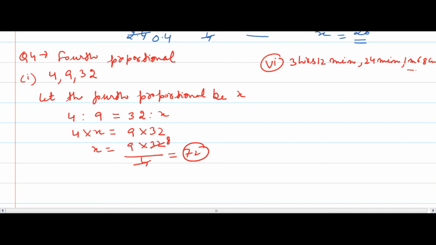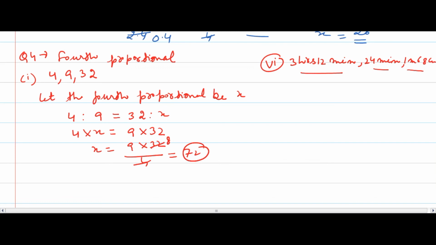So these are different units here. For these quantities to be in proportion, their units would be the same, right? So here these are 4 hours, 3 hours 12 minutes, 24 minutes.